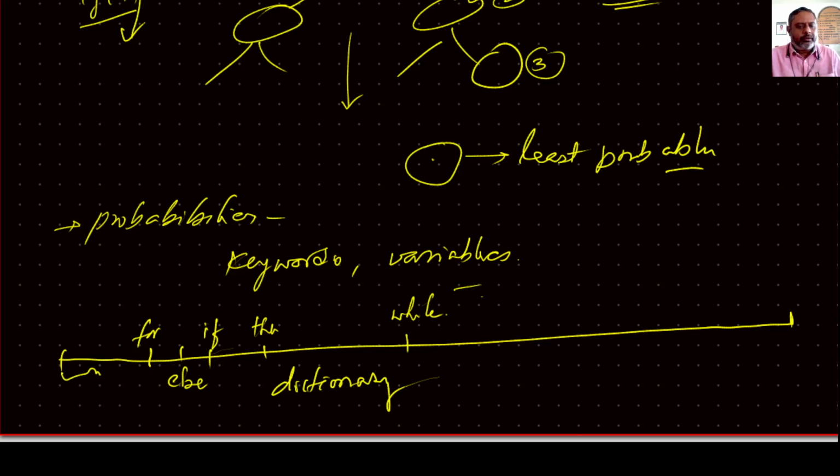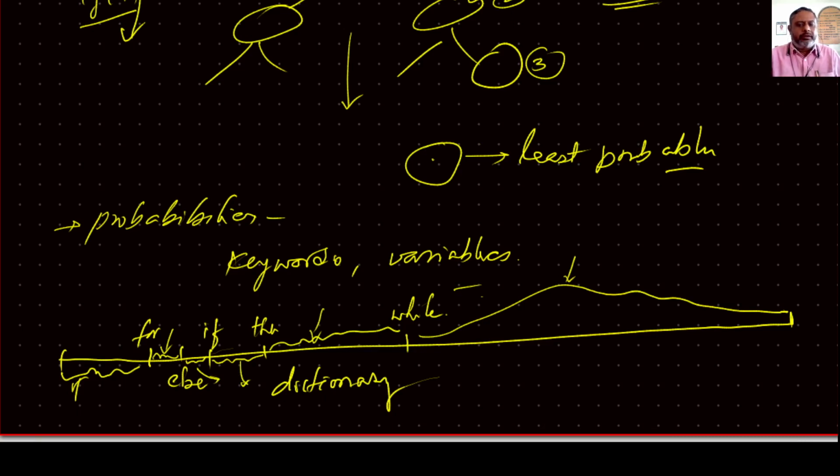So in between there are so many possible words, and whether they are used or not, it's immaterial, but these are possible to be used as variable names, or any other combinations are possible.